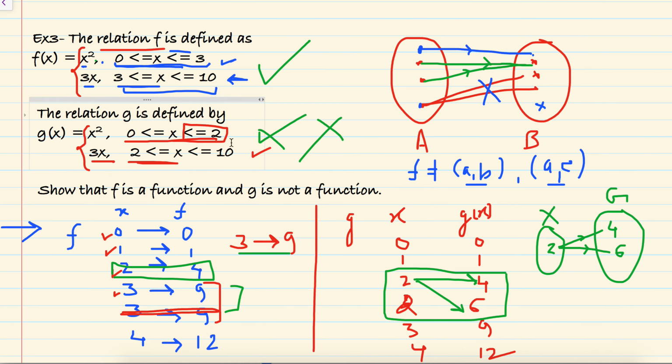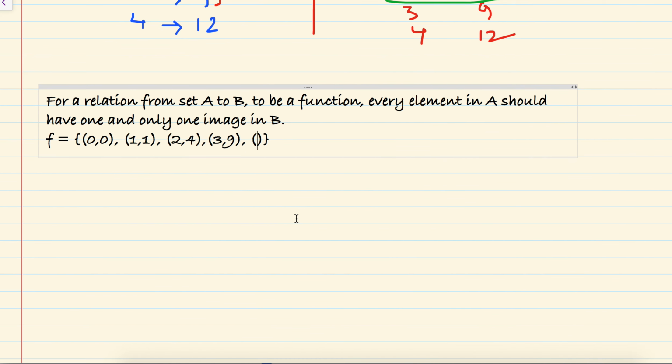So again 3 9, then 4 12, then 5 15, all the way up to 10 30. So here this 3 9 is repeated twice, and we generally don't repeat the same ordered pair multiple times, so we will get rid of this, and then we will write g.